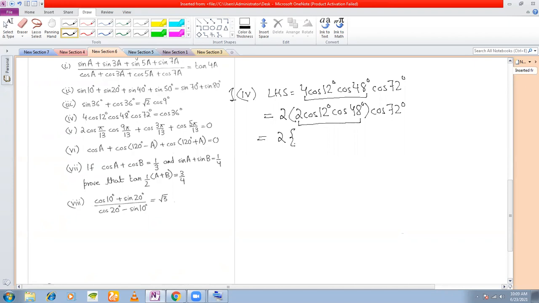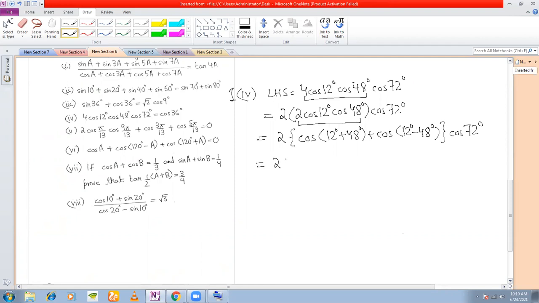It is 2 cos A cos B is how much? Cos A plus B plus cos A minus B. Into cos 72. Right? So we have changed this product to a sum.